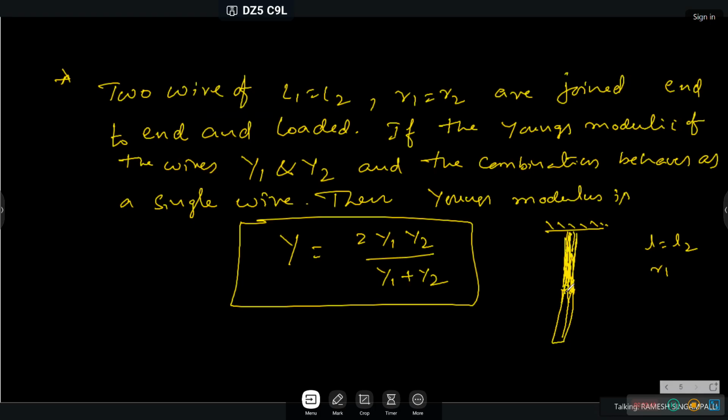These two Young's moduli y1, y2 are given, and these two combined give a single wire effect. So series combination, y is equal to 2y1 y2 by y1 plus y2. Just like springs in series, don't forget. So parallel means y1 plus y2 by 2.